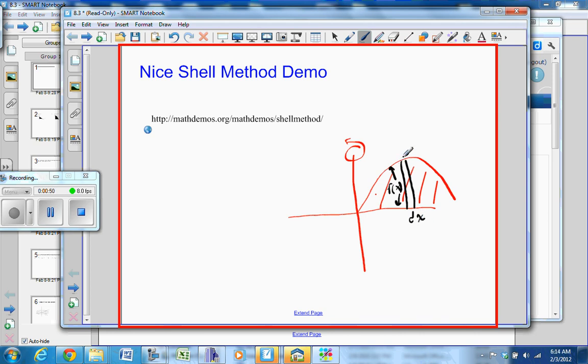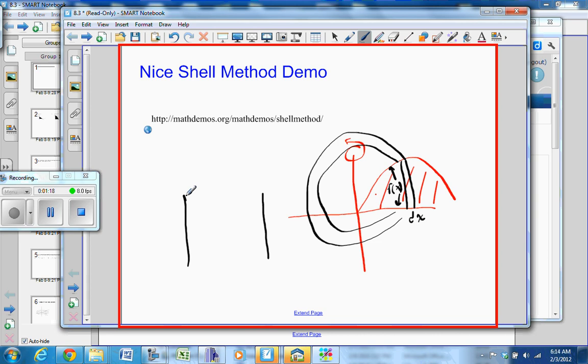And when we wrap this around the y-axis, what we're going to create essentially is a cylindrical shell. So our cylindrical shell will look like that.